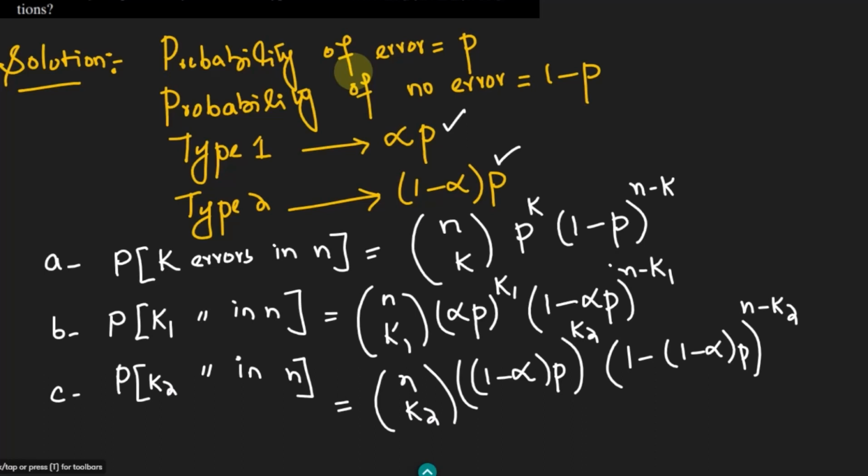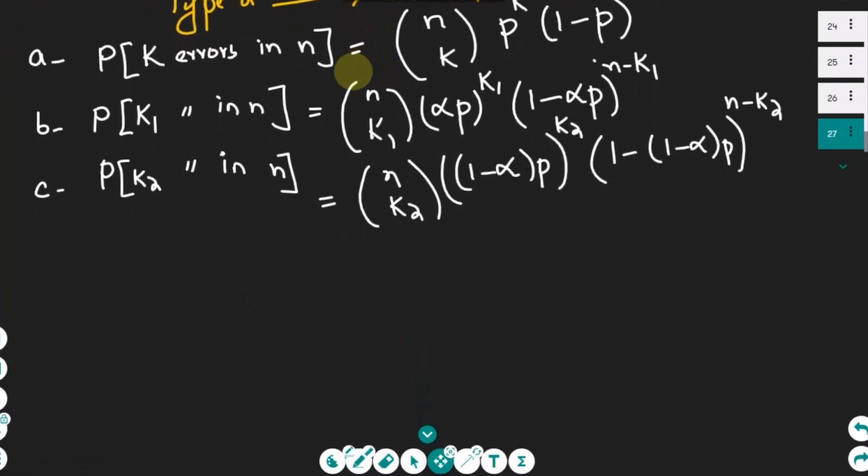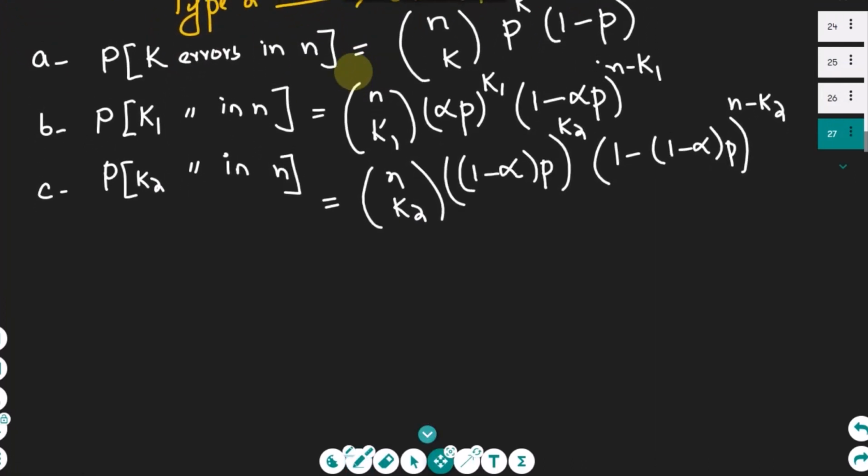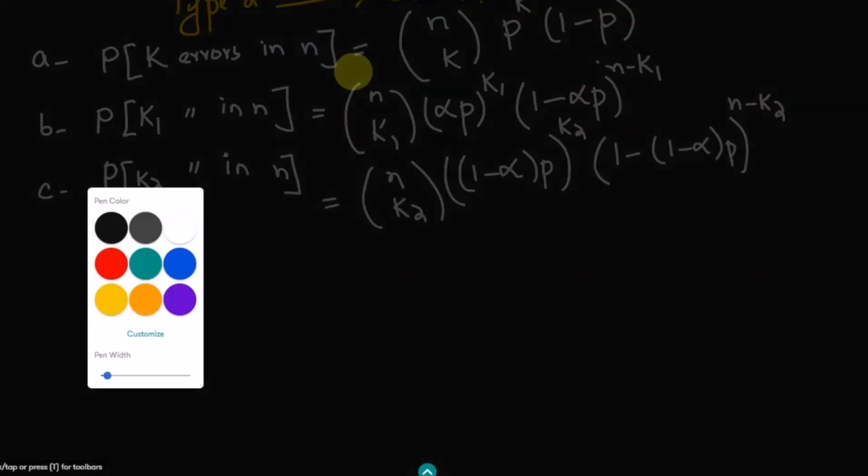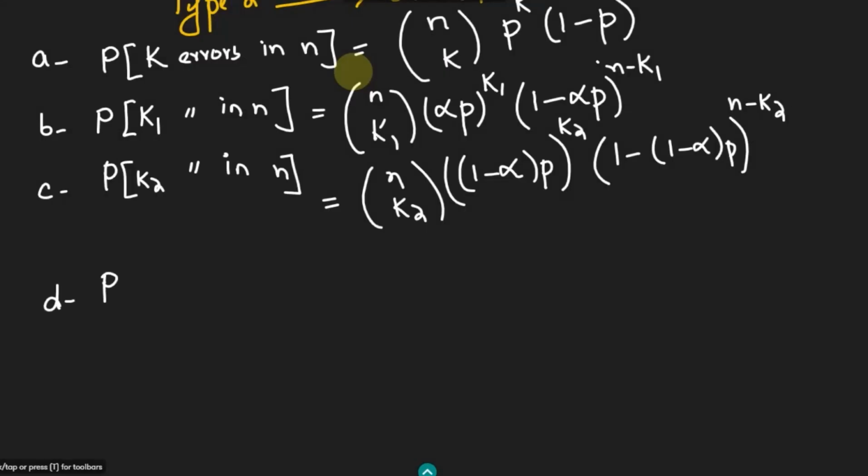Similarly, in part D, we have to find the joint probability of k1 and k2 type 1 and type 2 errors respectively in n operations. So in the last part, we have to find the joint probability of k1 and k2 errors in n operations.